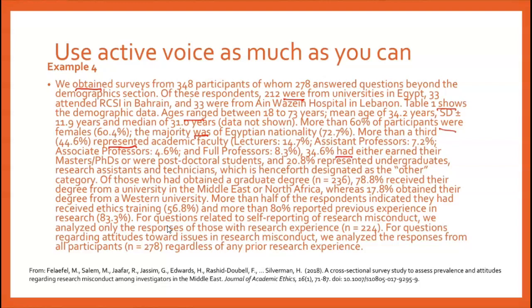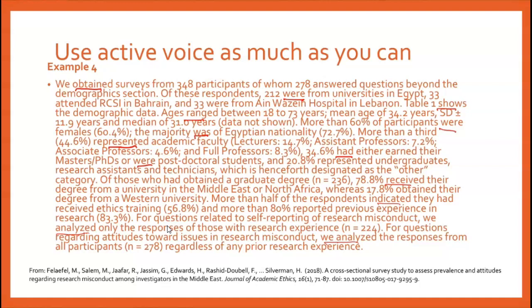They had either earned, so lots of detail here. Those who obtained a degree, they received this. More than half indicated. For questions related, we analyzed. For questions regarding, we analyzed. Also, not a whiff of passive voice in here, at least not from what I can quickly see. It's obviously the reason why I selected it.